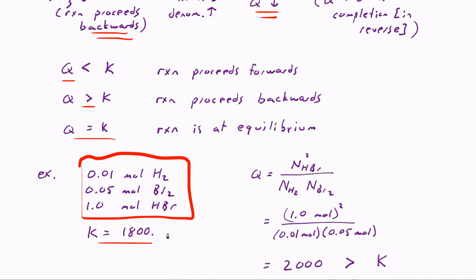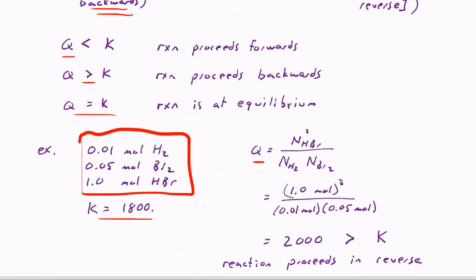In order to predict whether we're going to consume H2 and Br2 or whether we're going to consume HBr, we just calculate the reaction quotient, molecules of HBr squared over molecules of H2 times molecules of Br2. So a mole of HBr squared over 0.01 moles and 0.05 moles in the denominator. Those numbers work out to 2,000 for this simple example.